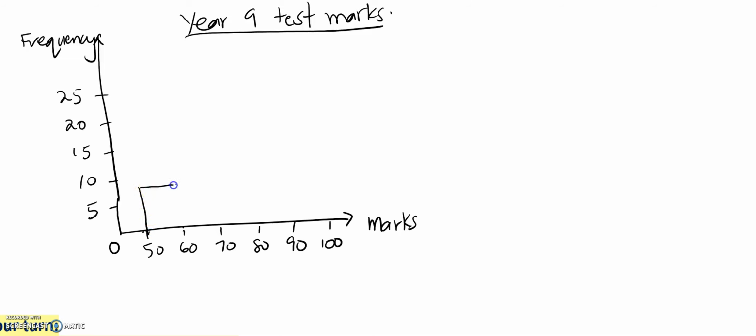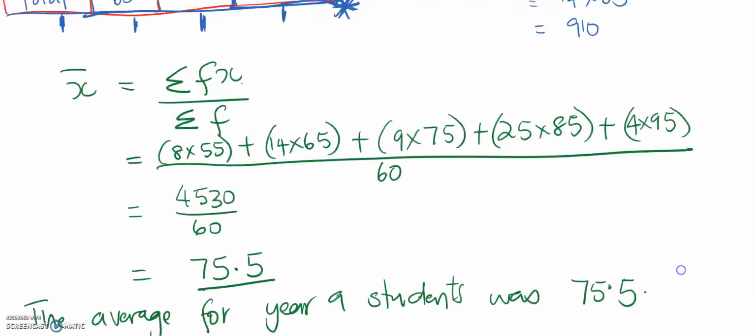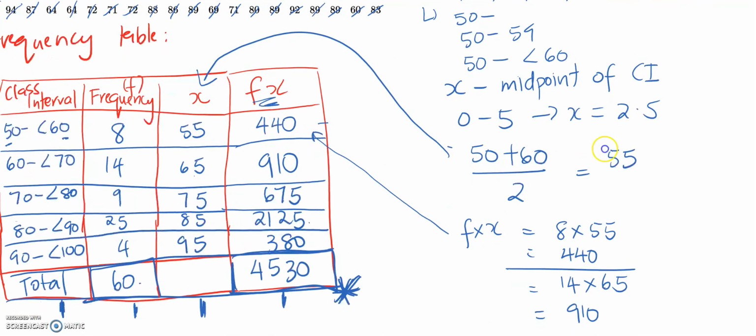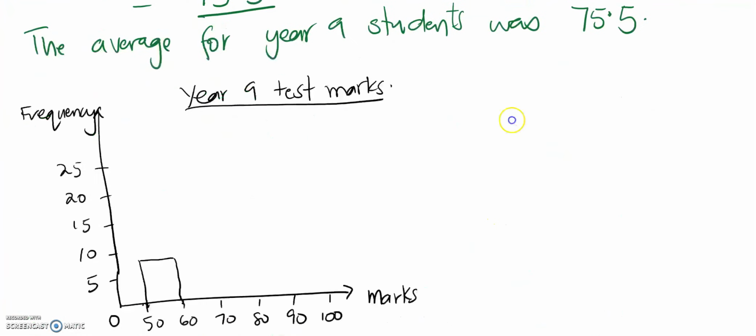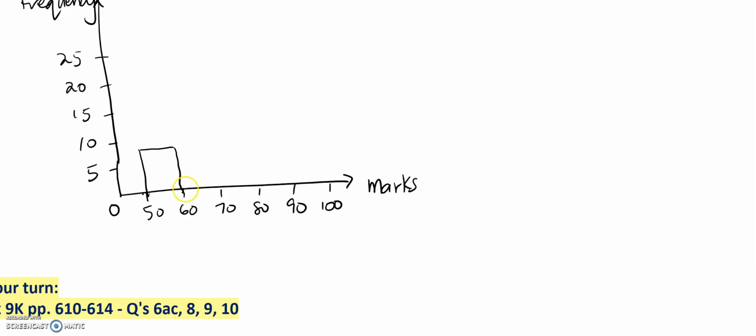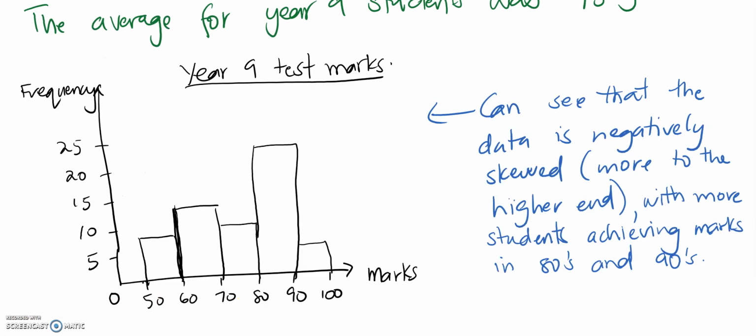The next one is 14 from 60 to 70, so the bar joins from 60 to 70 and goes up to 14. Remember, it's joined, which tells us that it's continuous data, and you keep going for the next one.